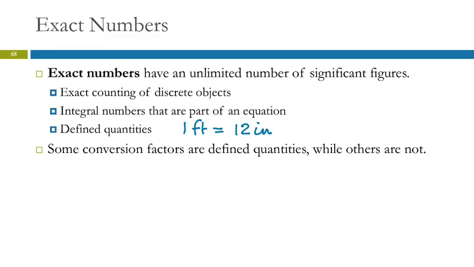Okay? Some conversion factors are defined quantities like this, others are not. If you are within the English system, the relationships will be defined. If you stay within the metric system, they'll be defined. If you go between the English and the metric system, most of them are not defined. Okay, so they're not exact.